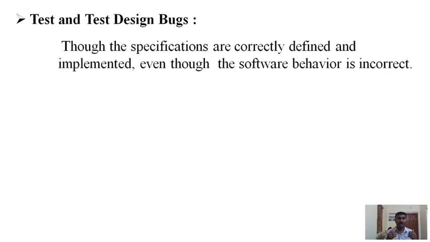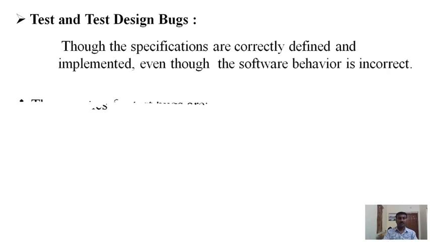If you have not designed a proper test, then those bugs come under test and test design bugs. The specification is right, correctly developed and implemented, even though the bugs are there. Such bugs arise in the test environment, and are called test and test design bugs.